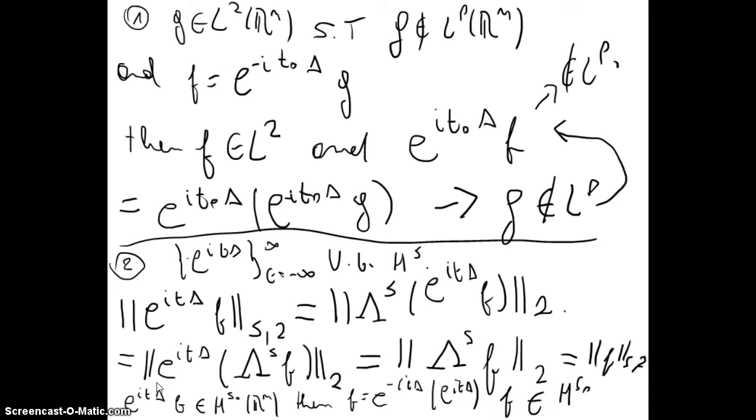Now, so this will tell us that if you have an f in H^s, this is going to be in H^s, and if it is not, it's going to happen the same. It's not going to be.